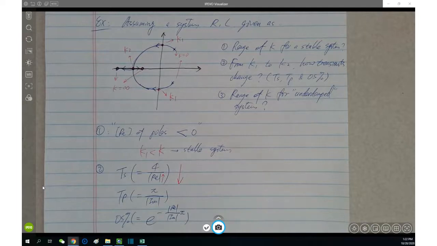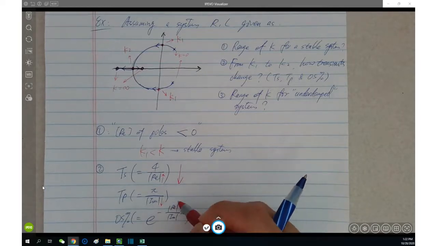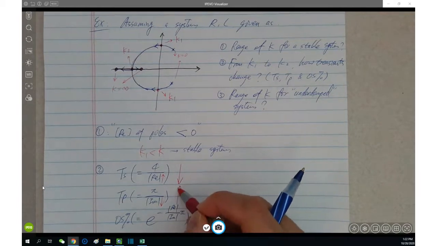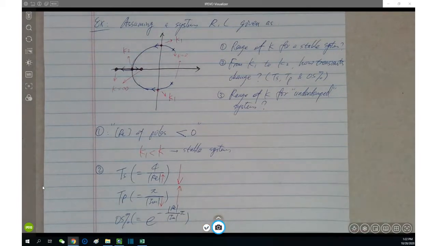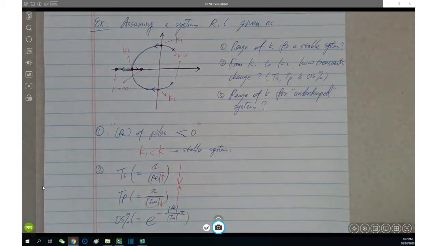That should increase. First of all, the denominator, which is the imaginary part magnitude, is decreasing, right? Therefore, the entire TP value is increasing. The last one, you need to calm down, okay?